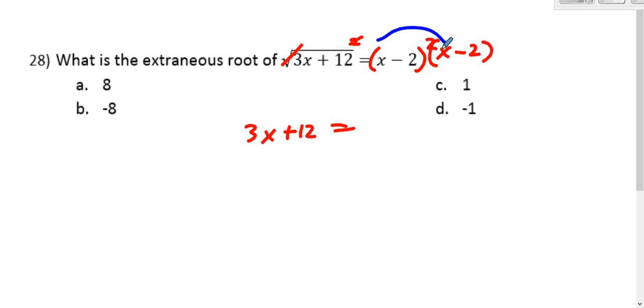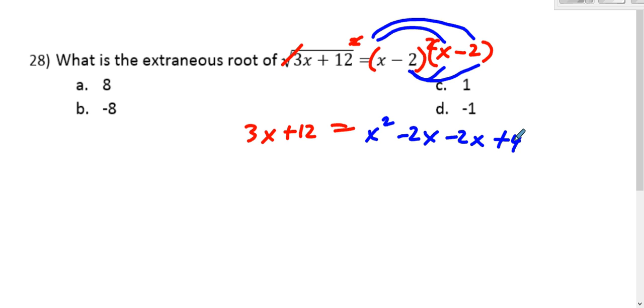So x times x is x squared. X times negative 2. Negative 2 times x. Negative 2 times negative 2. Then you've got x squareds, you've got x's, you got to get everything together on one side. So we're going to subtract our 3x over.